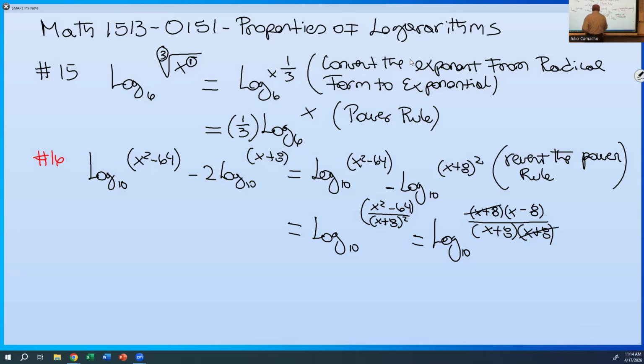So my final answer will be the log base 10, and then in the numerator, I will have x minus 8, and the denominator is x plus 8. And that will be my final answer for this example 16.